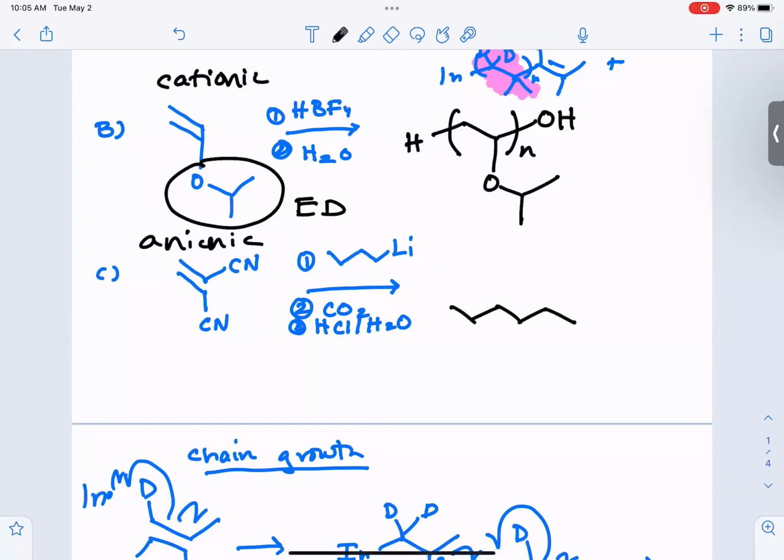There we go. Okay, so 1, 2, 3, 4. Then this is your repeating unit. And you added carbon dioxide. Okay. So the end is going to have a carboxylic acid.